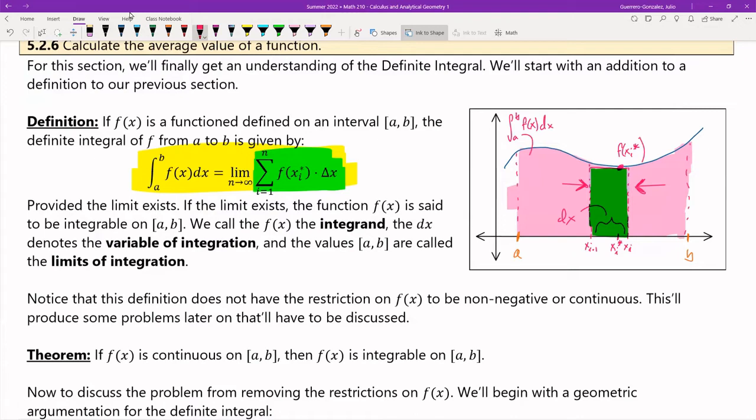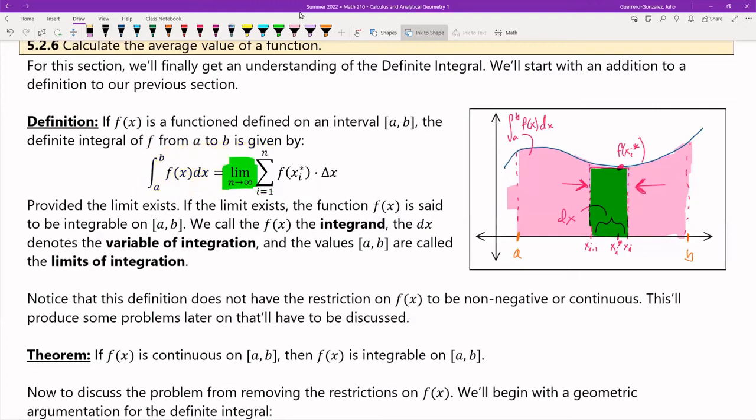And the idea is, if we made those boxes really skinny, then there's going to be much less of an over approximation or under approximation, right? And the idea behind that was we were basically using a limit, right? So that's where that limit came from. Okay. So that's the basic theory behind how an integral is constructed, right?